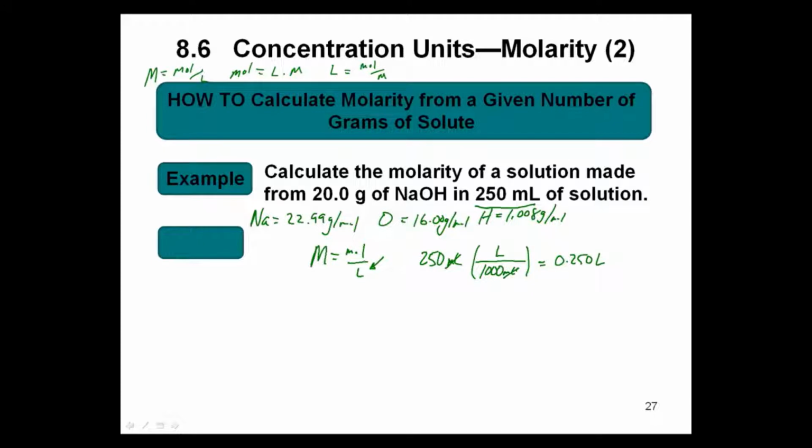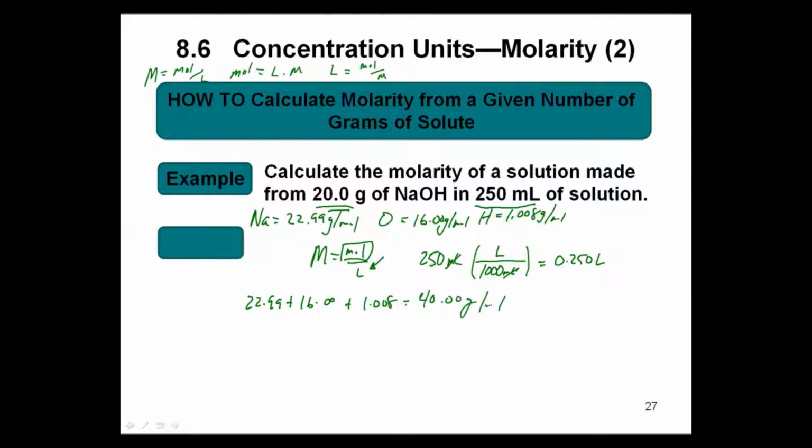Now the top part, which is the moles, again, we don't have that, but we do have the grams. So we do need to use the molar mass from the periodic table. So that basically is adding all those together since we have one of each. And if we add all those numbers together, we end up with pretty much 40 grams per mole.